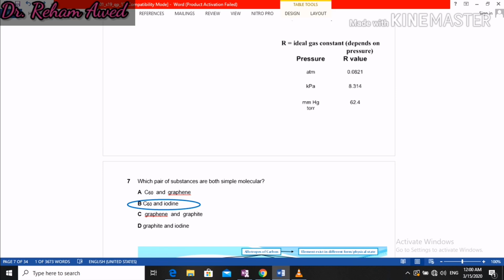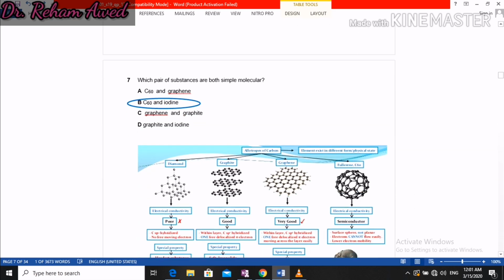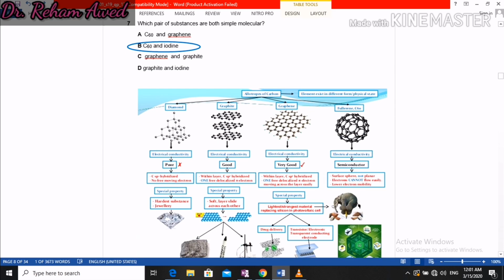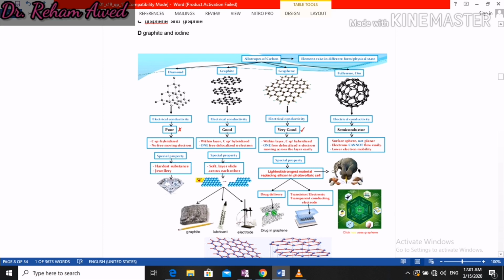As it is a diatomic molecule, we can say it is a simple covalent molecule. Graphene and graphite are macrocovalent compounds, so it is cancelled. Graphite and iodine: graphite is a macrocovalent molecule, of course, and iodine is a simple covalent molecule.